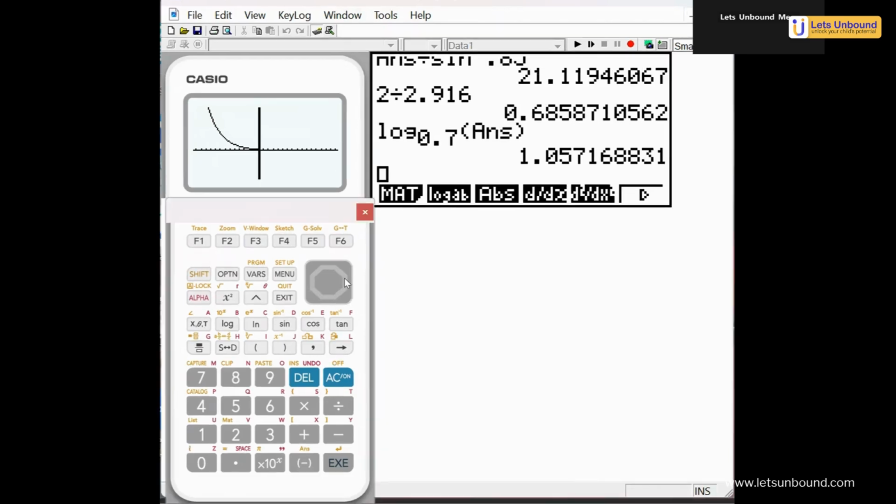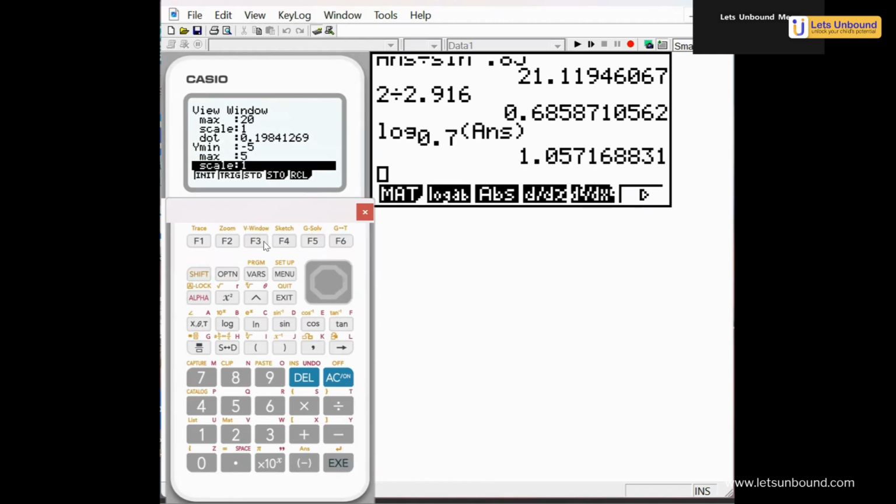And if you look at the value of y when x increases without bound, what we can do is set our x value and y value very carefully. So set the x value, let's say from -5 to 20, and the y value, we can set it to be minimum, let's say -5 to 5.